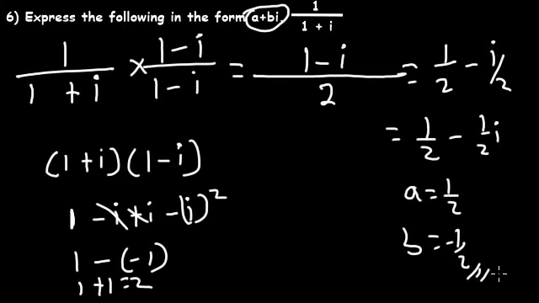Now, we said that the process of simplifying a complex number that has an imaginary part in its denominator is called rationalization. There's also something called realizing, or realization. This is a technique we use to convert a complex number into a real number.